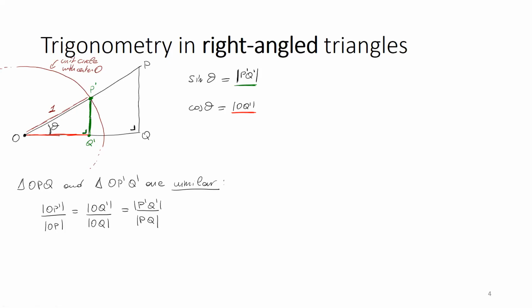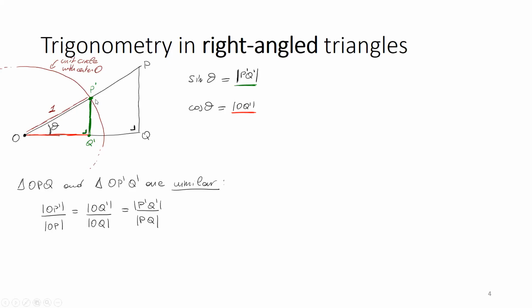So the ratios of each of the corresponding sides are equal. And there's one more thing that we know. We also know that OP' is still equal to 1.